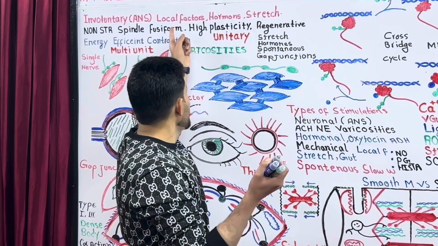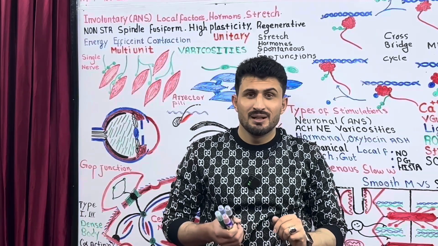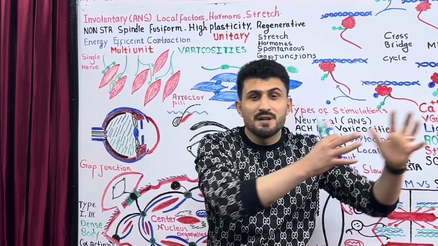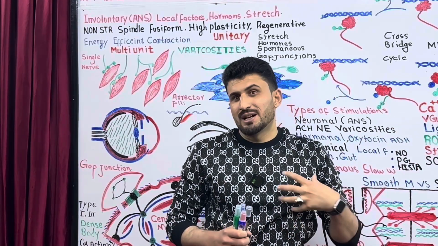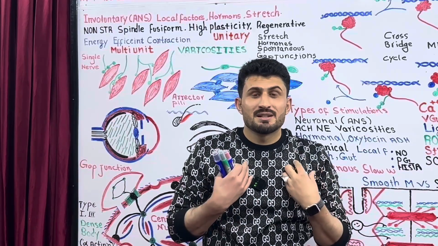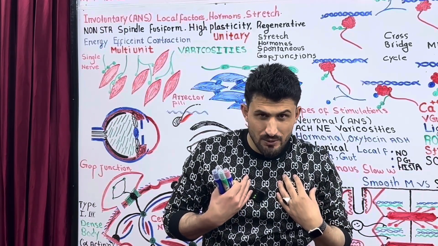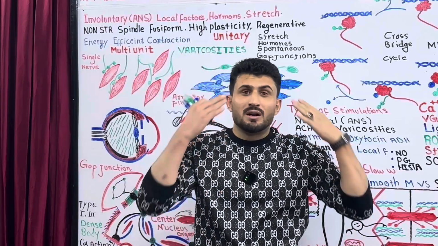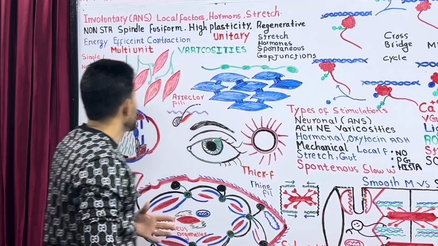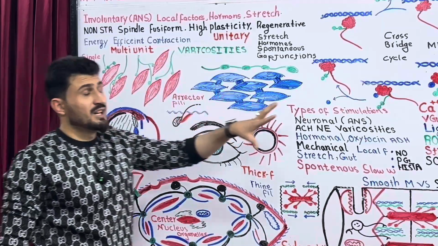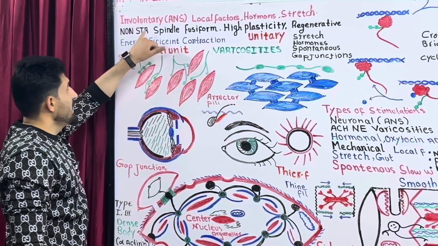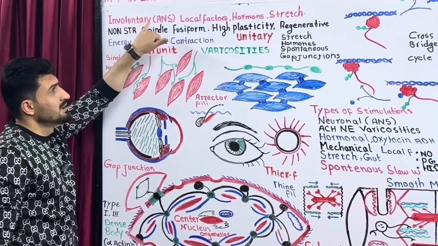But contraction of smooth muscle occurs automatically under the influence of different factors. For example, heartbeats are not under my control. They're under the control of the sympathetic and parasympathetic nervous system. So because smooth muscles are innervated by the sympathetic and parasympathetic nervous system, they're called involuntary muscles.